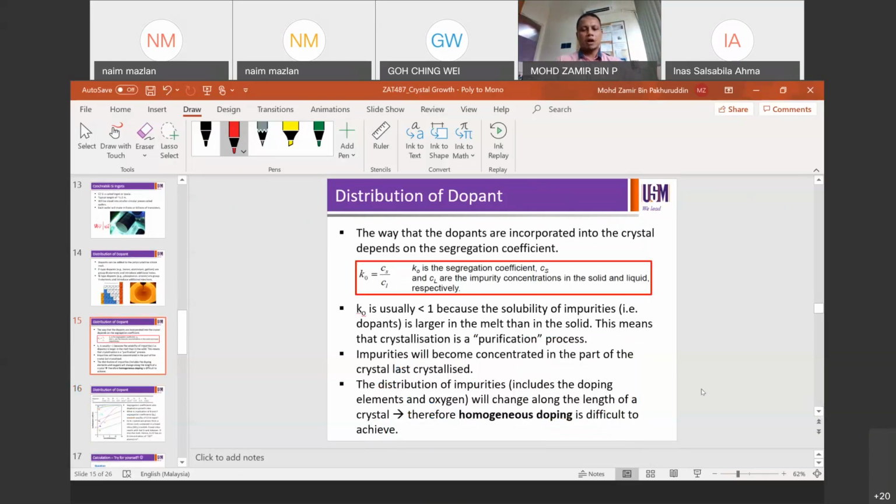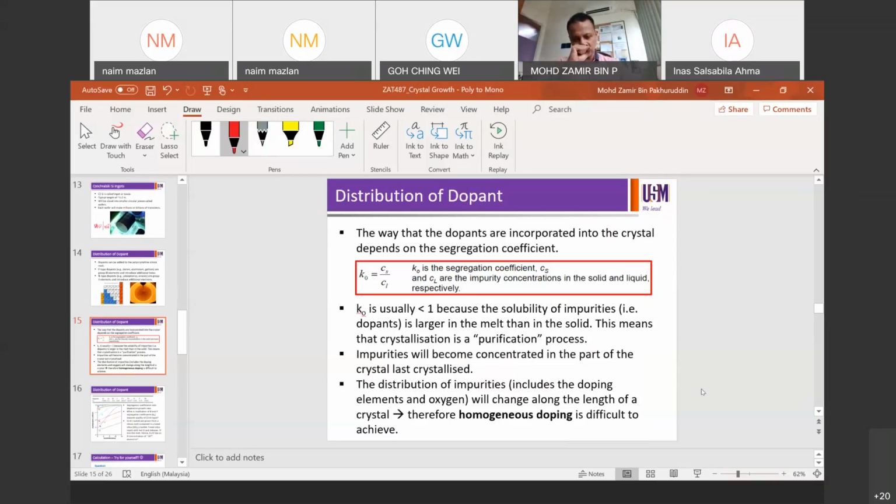Okay, how are the dopants distributed in the melt? The way the dopants are incorporated into the crystal depends on the segregation coefficient, or K naught. What this essentially means is whatever you put into the melt doesn't end up in the ingot. Maksudnya kalau you put 100%, tak semestinya 100% tu akan masuk dalam ingot due to some properties, right?